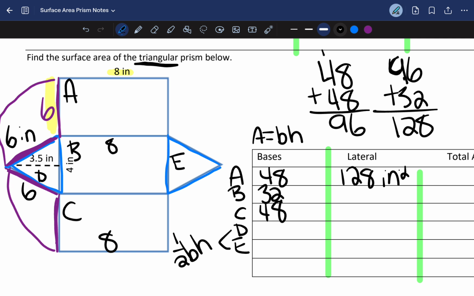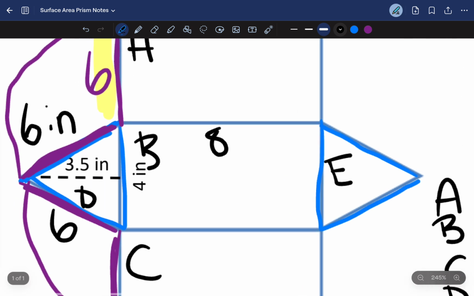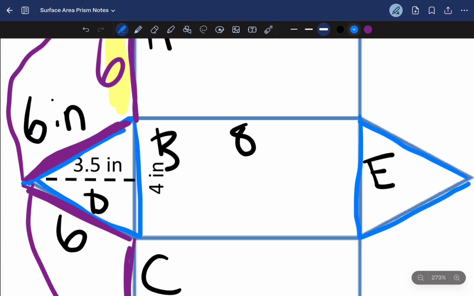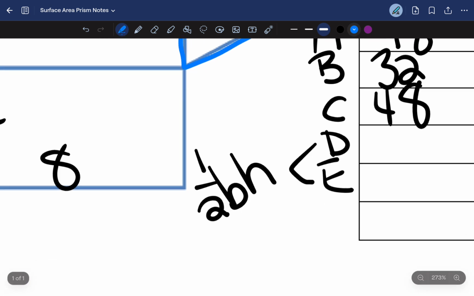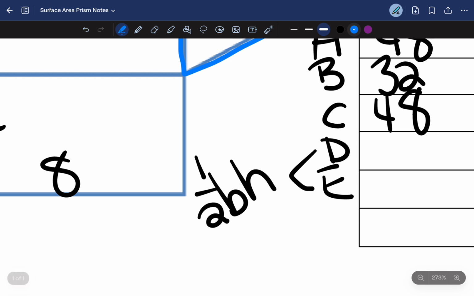So I'm going to take a look at those numbers. I see that my base is 4 and then my height is 3.5. So I'm going to use those numbers in my formula. And luckily for triangular prisms, both bases have the same area, because otherwise it wouldn't fold up correctly.